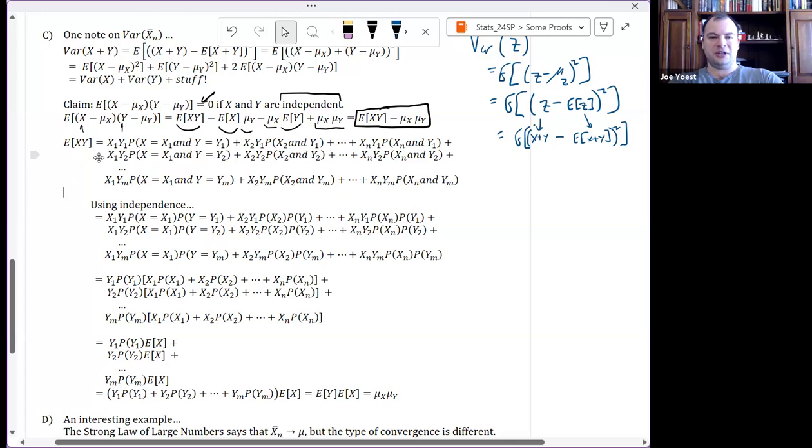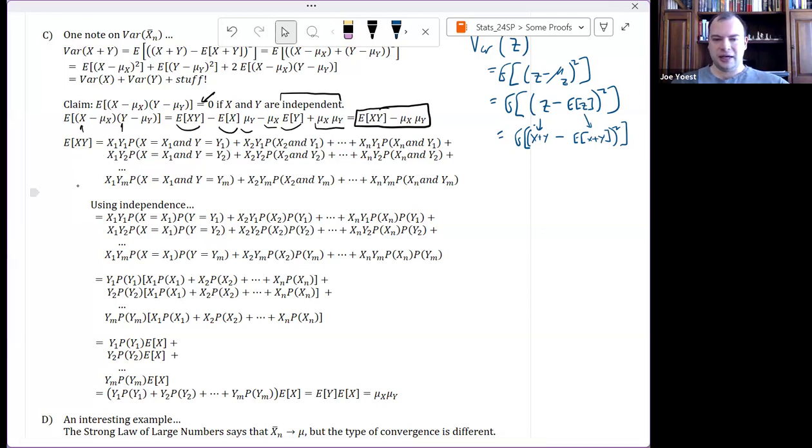What's the expected value of x times y? Well, the expected value of g of x is just g of x1 times the probability of x1, plus g of x2 times the probability of x2, and so on. For two random variables, x and y, x has some different possible outcomes.